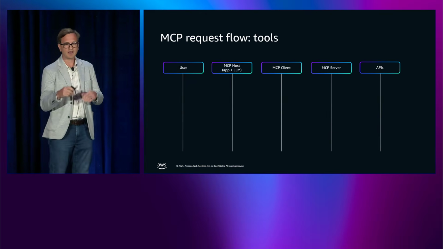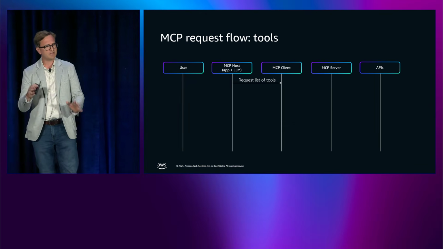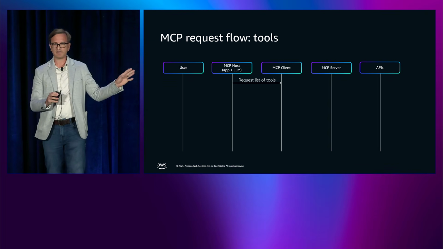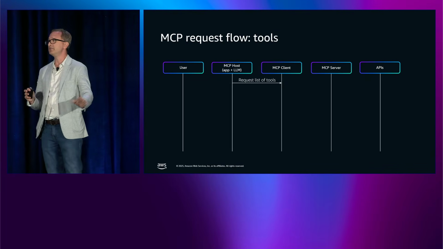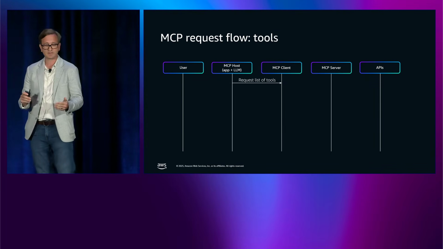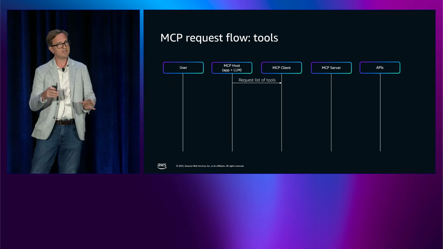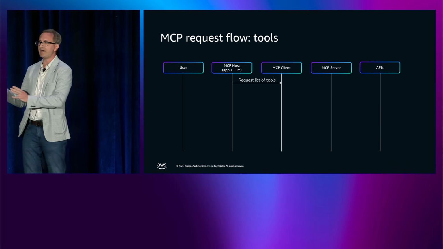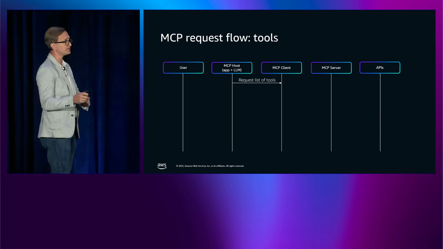So let's look at how this request flow actually looks under the hood. When we have these different principals, I have them listed at the top there, five different principals. You have the end user who is actually using the tool, the MCP host, the application itself, the MCP client, the MCP server, and then whatever backend APIs that MCP server might be using to get the results.